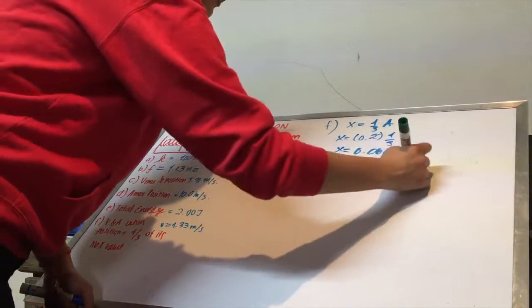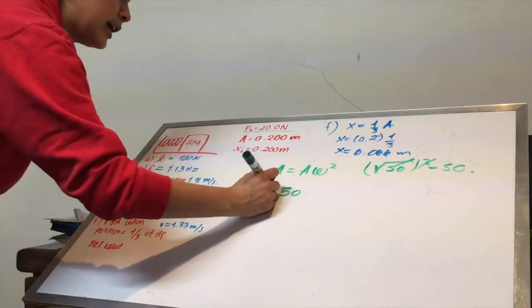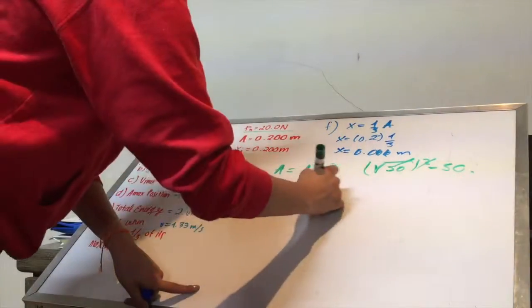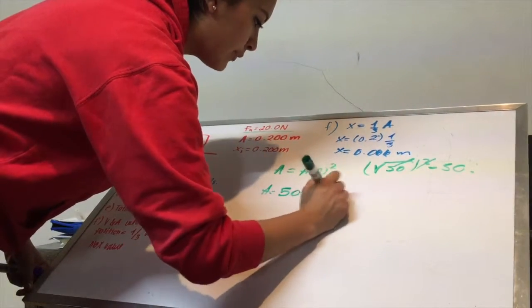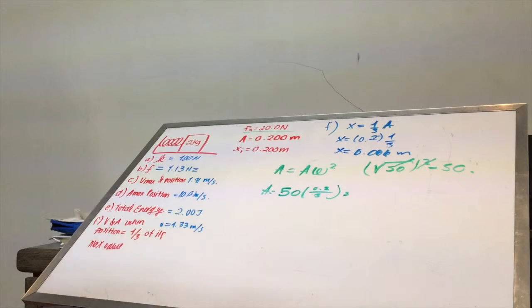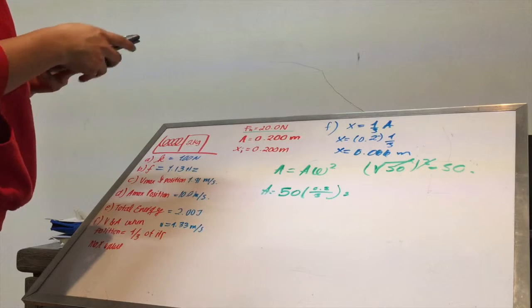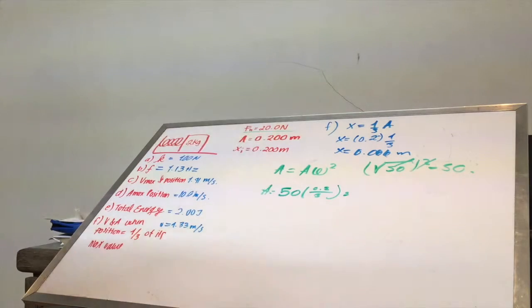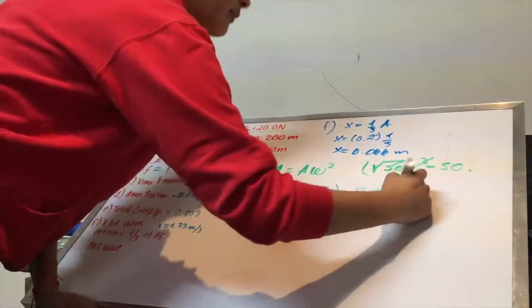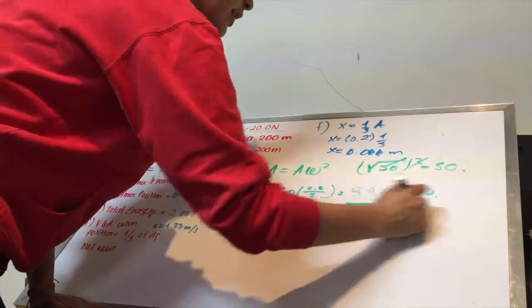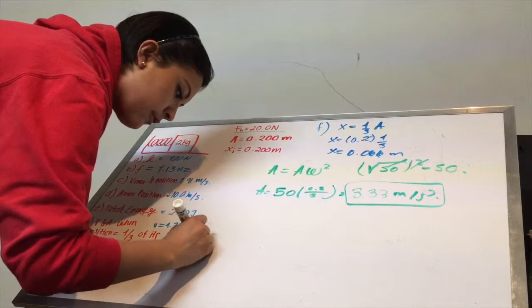So the acceleration is 50 times our new x, 0.2 over 3, and we get 3.33 meters per second squared. And now we have all the parts of our problem.